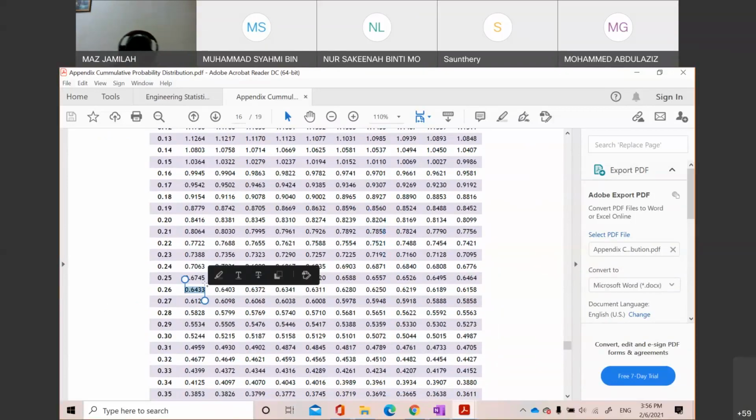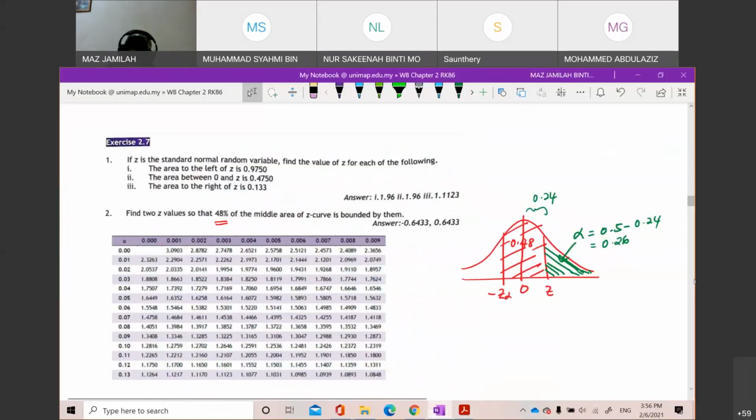So 0.26 is obtained by 0.6433. So we know that Z 0.26 is equal to 0.6433.